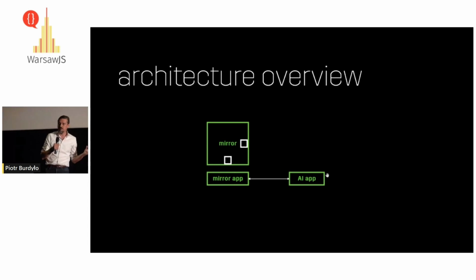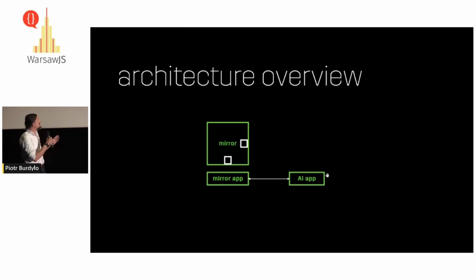For this project, we created a dedicated, bespoke design of the mirror, but the technology is similar and they are using it in different places. And the mirror app is sending requests with images of the visitors to the AI app, which is developed in Python.